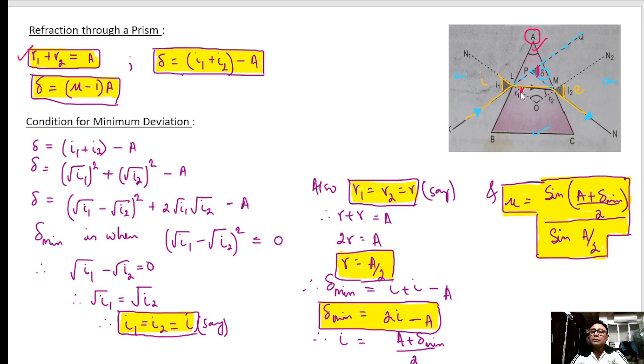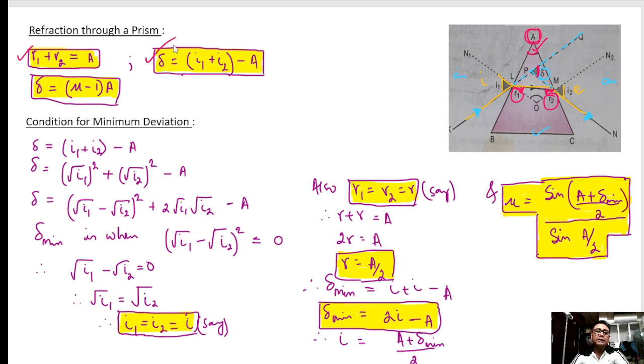This is R1, the angle of refraction at the first surface. This is R2, the angle of incidence at the second surface. This is R2, this is R1, and this is A, the angle of the prism. This is how they are related.